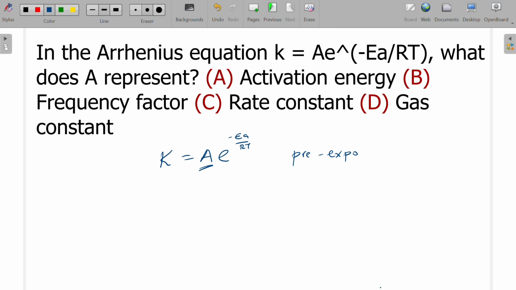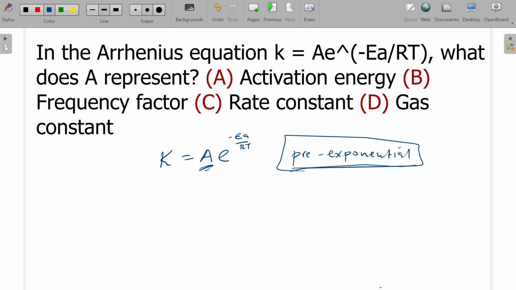So this one is called the pre-exponential factor, or rather the frequency factor. So you can call it either the pre-exponential factor or the frequency factor.